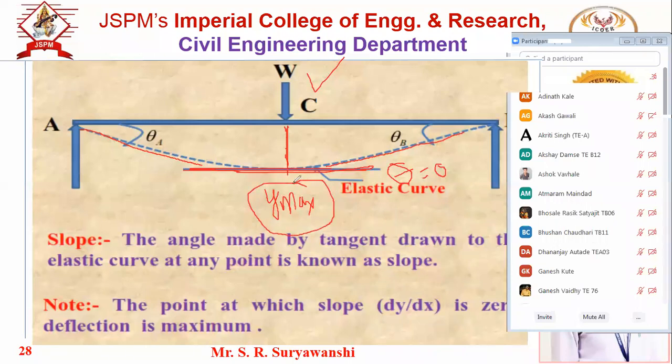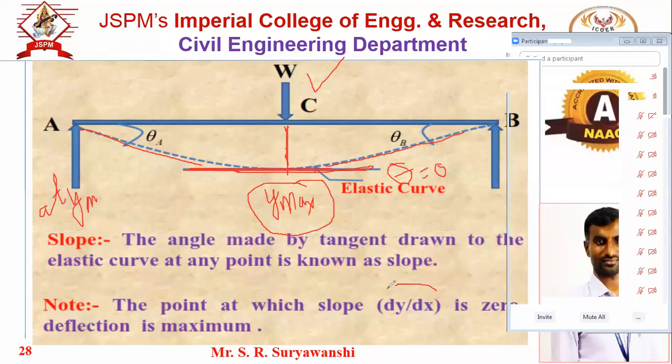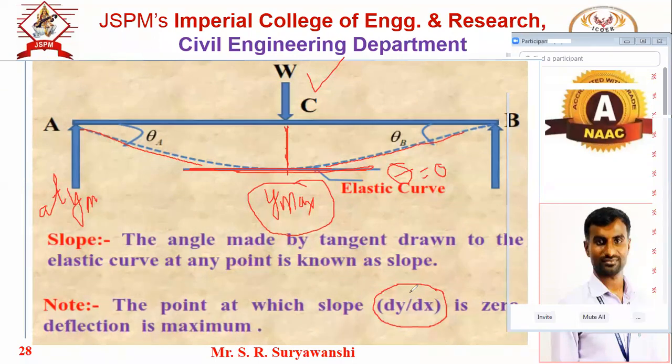At y max, dy by dx is equal to 0, and dy by dx is nothing but the slope. As the tangent is the horizontal line, theta is equal to 0 degree, so slope must be 0.